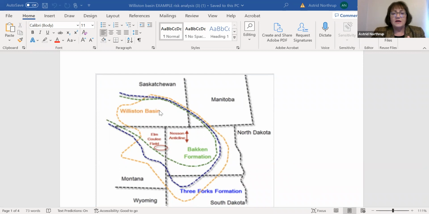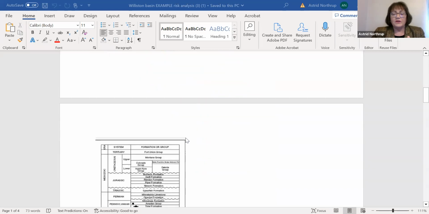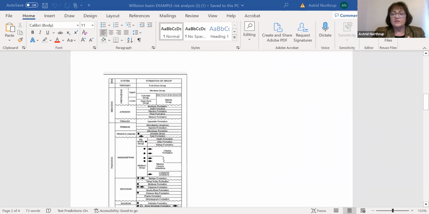You can see it extends up into Saskatchewan, a little bit of Manitoba in Canada. And then we have a little circle that encompasses a little bit of Montana and then quite a bit of North Dakota. And most of the action is going on here, but this is the Williston Basin. And often when we talk about the Williston Basin, because the Bakken is a huge play, we sort of talk about those two things synonymously.